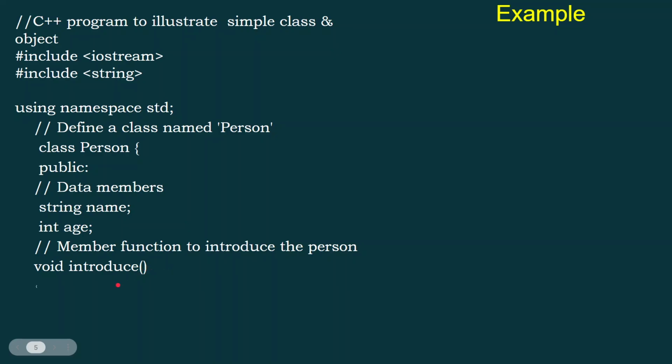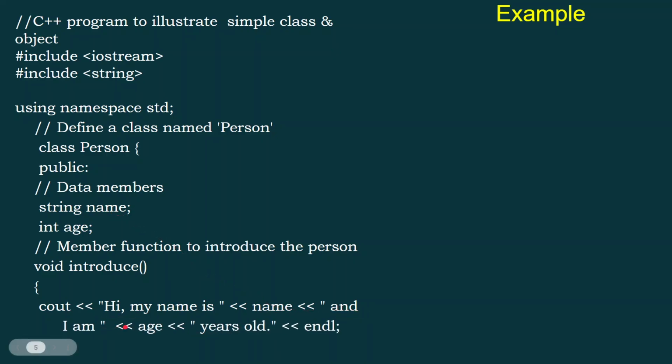Okay. And then define the function, open the brace, cout "Hi, my name is", and then the redirection symbol. Name is the variable used here, and "I am", and that is the age, the age we filled here, "years old", endl. endl is a manipulator to get into the new line.